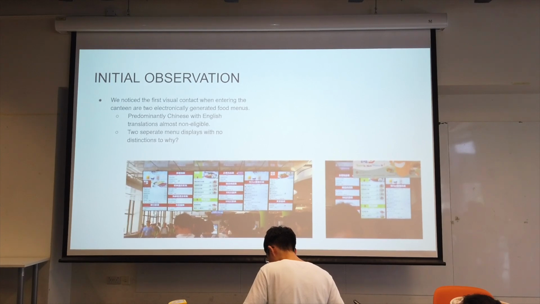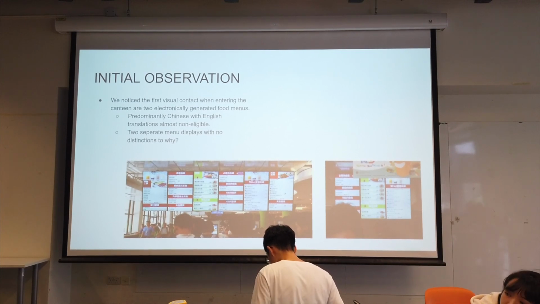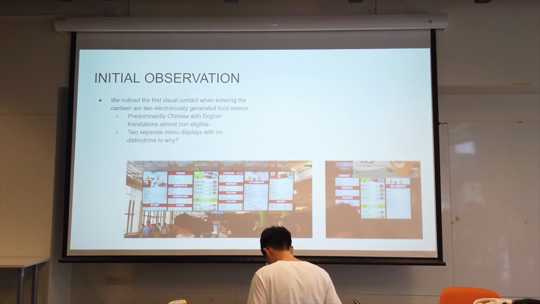From a far point of view, as a non-local student, you only see the Chinese until you closely see the English to identify what it is. And given the environment, it's usually very busy and fast-paced, which gives non-local students a very high disadvantage to quickly decide what they would like to choose. Also, the menu is extensive in size.